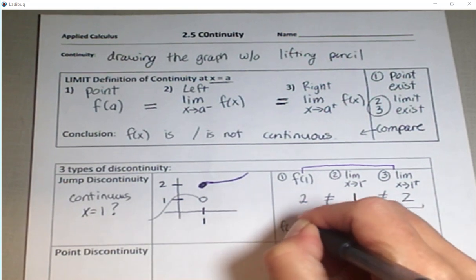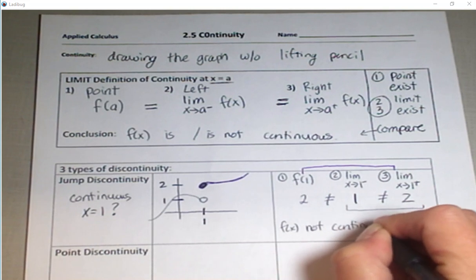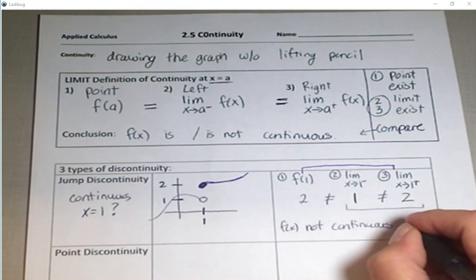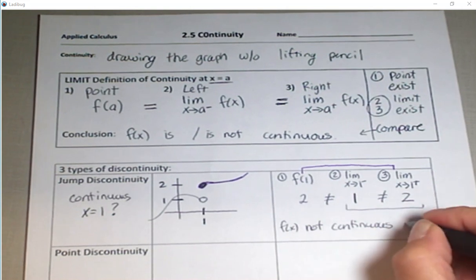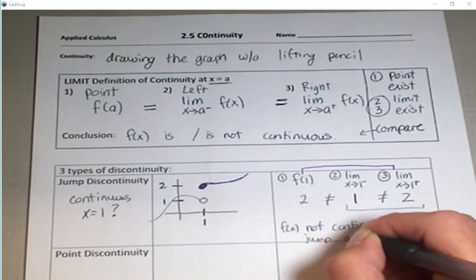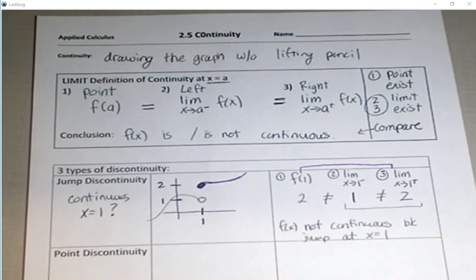So f of x is not continuous because there's a jump at x equals 1. That's why it's not continuous. And it's because I was comparing the limits. I was like, oh, the left and the right aren't the same. That has to be a jump.